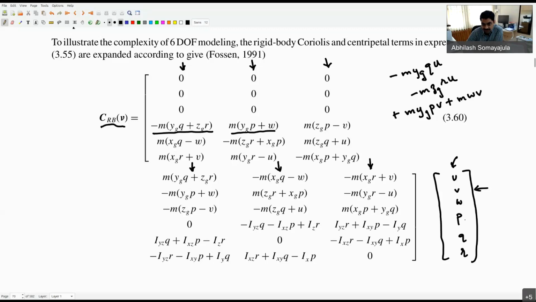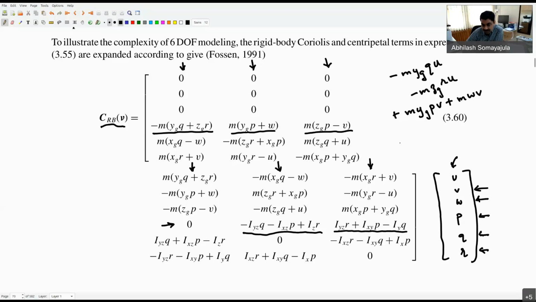Okay, then I will be taking this term, multiplying it with W. Then I'll be taking this term, multiplying it with P. This term, multiplying it with Q. This term, multiplying it with R. And that will give me the so-called fourth value of this vector which I get out. Correct?